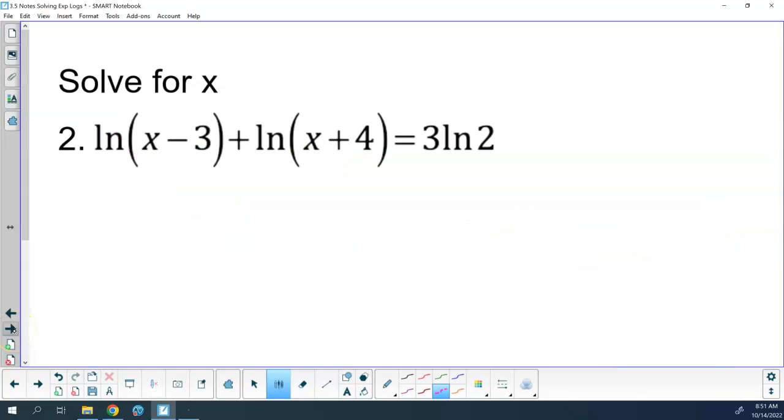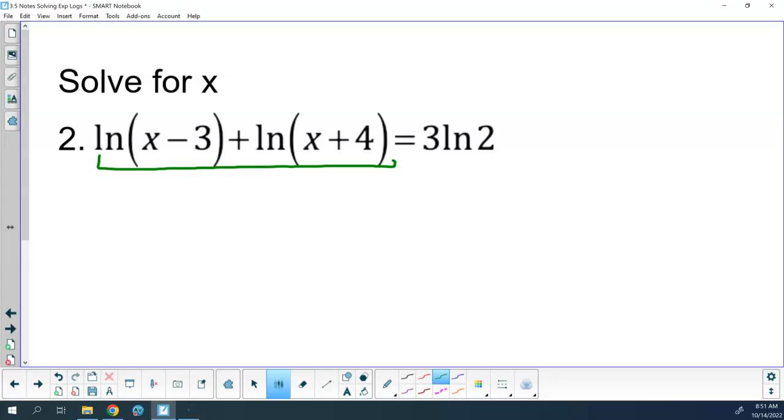When you have multiple logs, if you've got 2 logs of the same base, then you can get them in log equals log form, and then you can just set argument equals argument. If you have 3 or more, you first have to combine them into log equals log form.